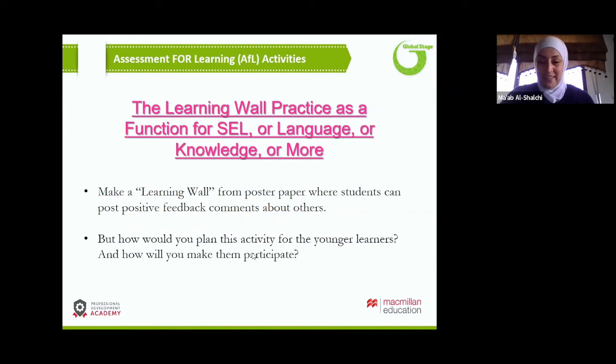Okay, so for younger learners, you might want to actually help by cutting cardboard figures of thumbs up, and or writing things already.